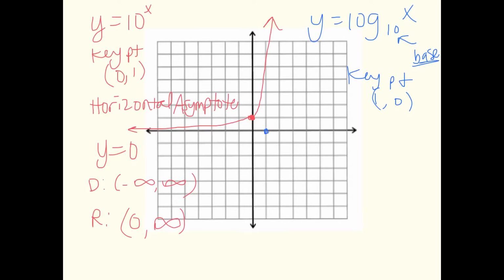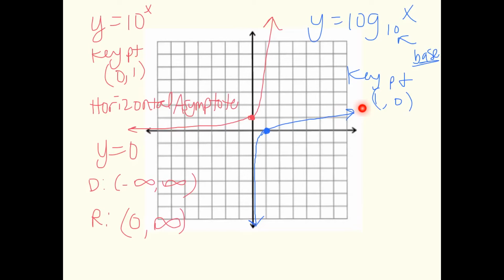So here is this key point, and this graph, if you were to graph it, let's see if I can draw that a little bit better. It looks like this. It curves back and gets really close to that 0 line without ever crossing it. And it also goes up, it just goes up really slowly.